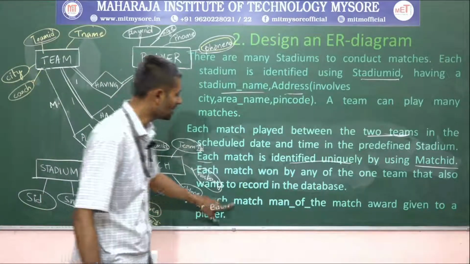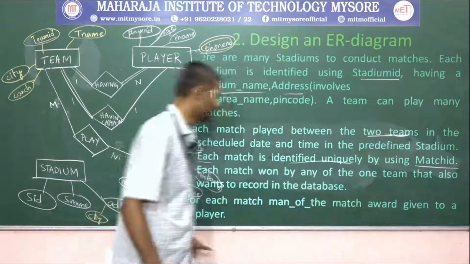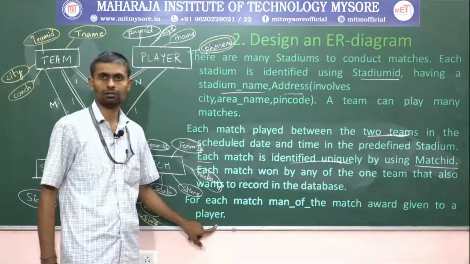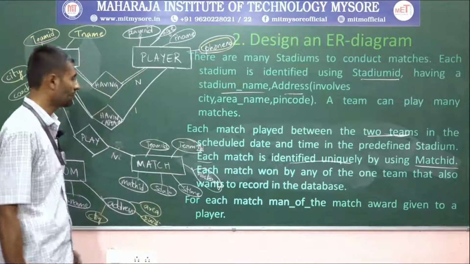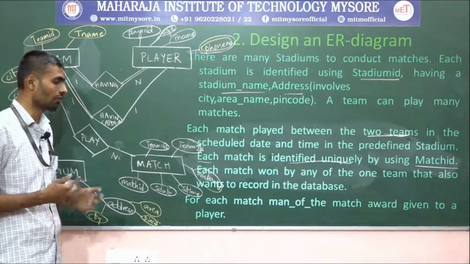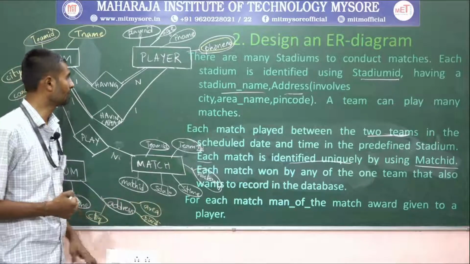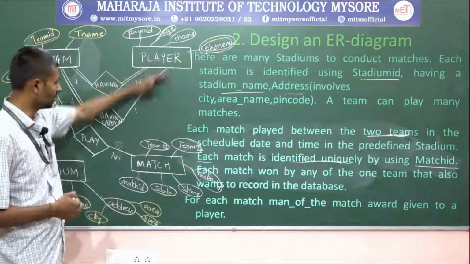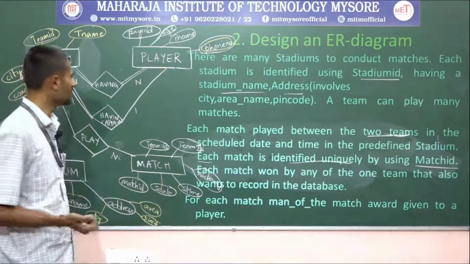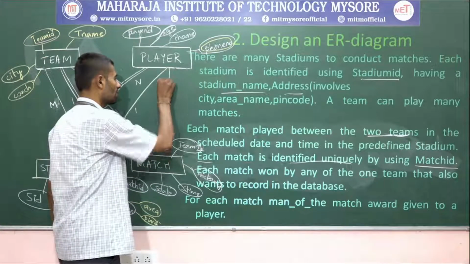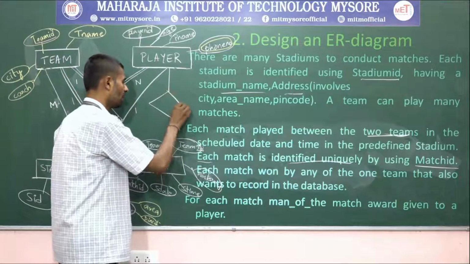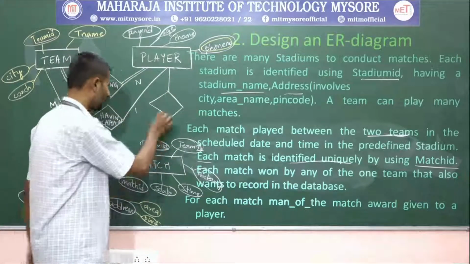What is that? For each match, a man of the match award is given to a player. But player is present here, match is present here. It's an indication that it is required to construct a relationship between the match and a player. Match and a player.